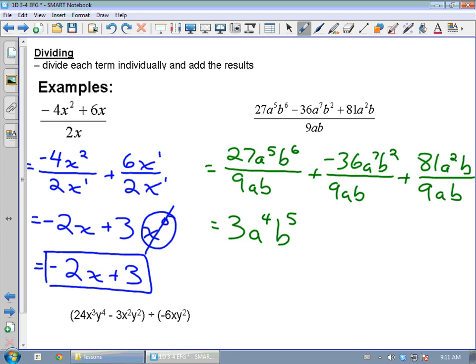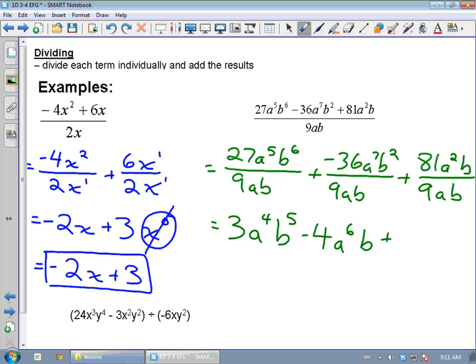My next division, I've got negative 36 divided by 9, which gives me negative 4. A to the 7 divided by a to the 1 gives me a to the 6, just subtracting those exponents. And then 2 minus 1 gives me b to the power of 1, or just b.